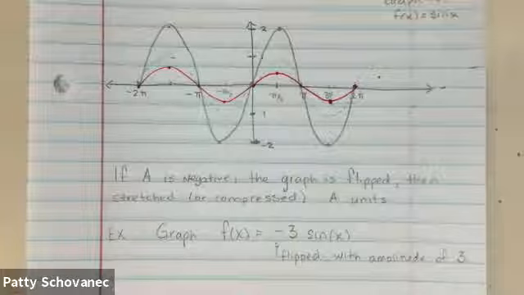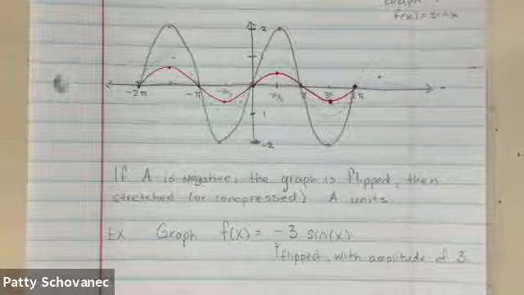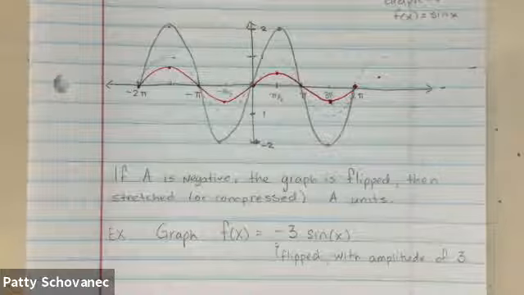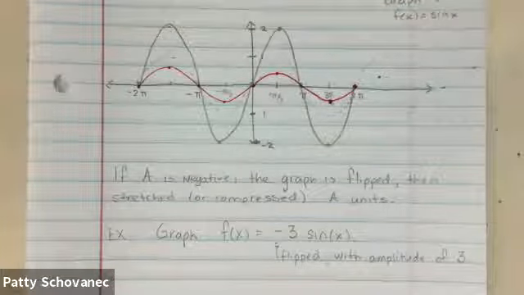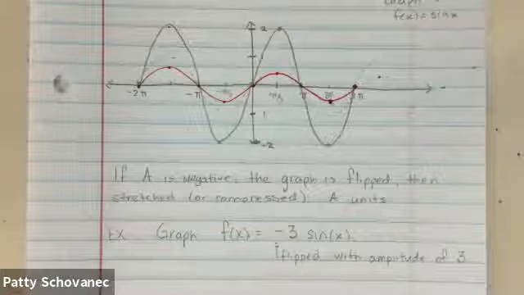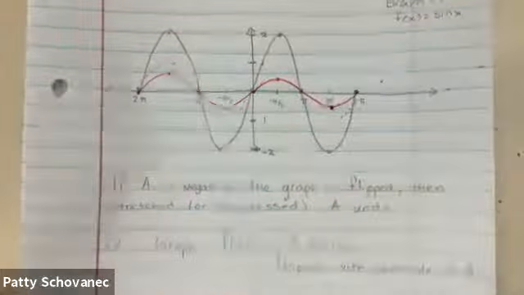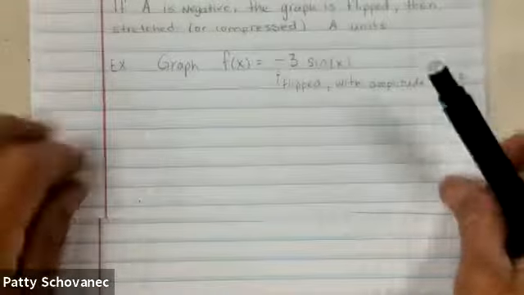So when I'm drawing my sine curve and I start at the origin, 0, 0, then I'm going to go up to pi halves 3, down to pi 0, down to the 3 pi halves -3, back to 0 at 2 pi. I'll do it right there.